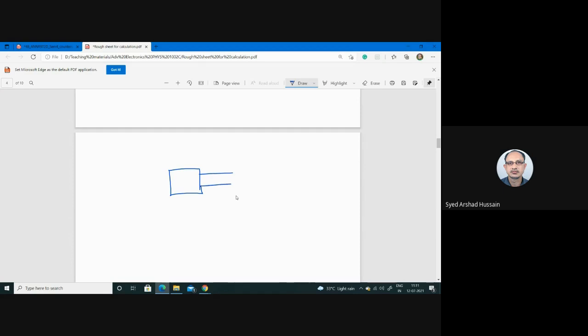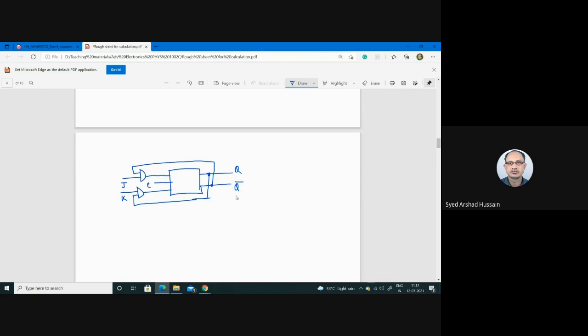Say this is my Q, this is my Q bar. Then these are AND gates, J, K. This is my clock pulse.